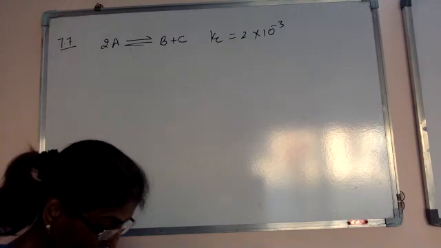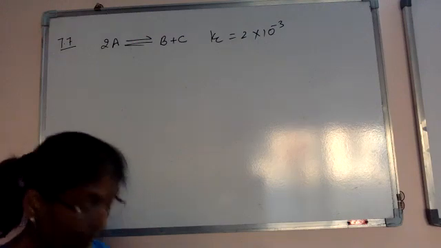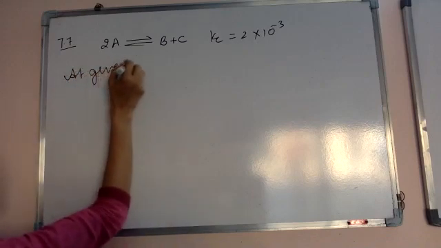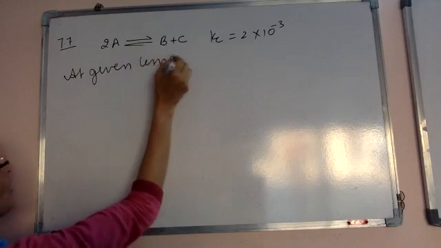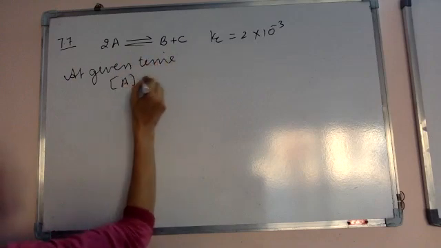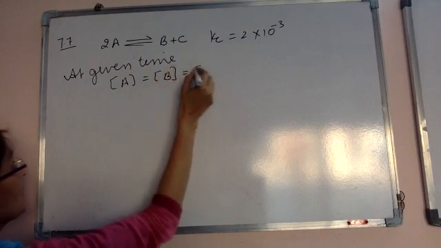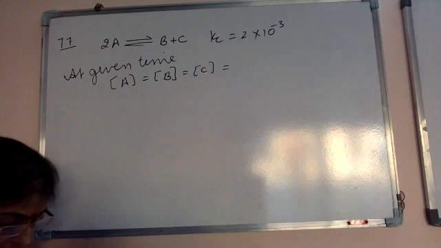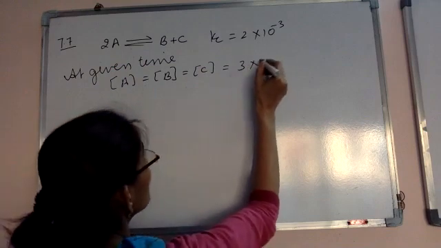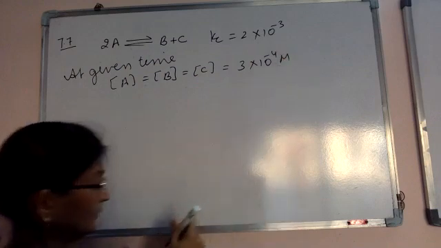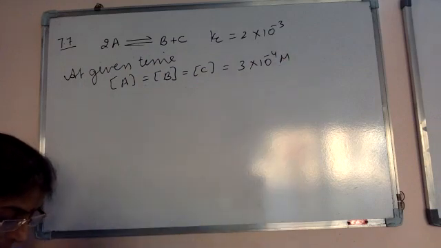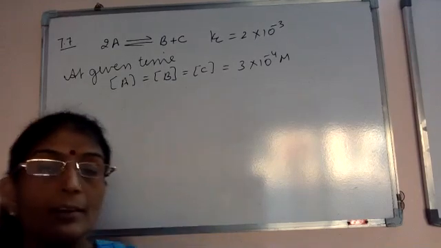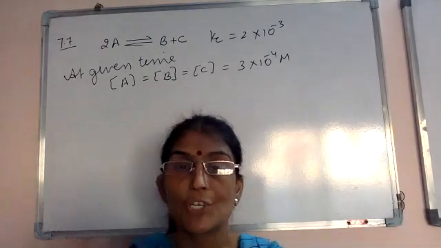At a given time, composition of reaction mixture is at any time, मतलब at any time other than equilibrium. Concentration of A, concentration of B, concentration of C, all three are same and they are given as 3 into 10 to the power minus 4 molar. In which direction the reaction will proceed? We have to find the direction in which the reaction proceeds.